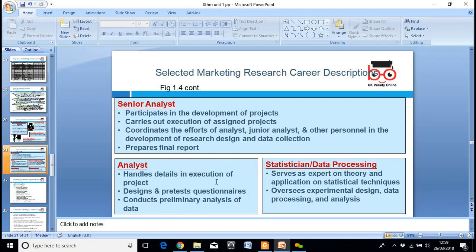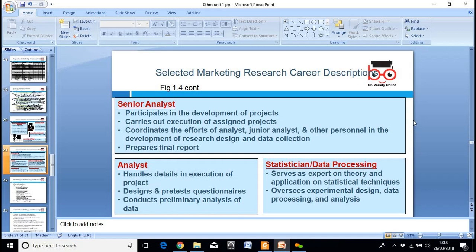And the analyst handles the details of execution of projects, and he designs and presents questionnaires and conducts preliminary analysis of data. That is the person that actually goes out on the road and collects that information and gets that data together. Sometimes research is not sitting behind a computer and getting information and data together. It means actually getting out there on the road and finding out that information.